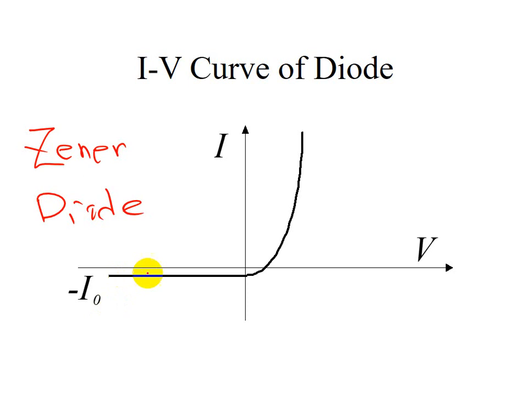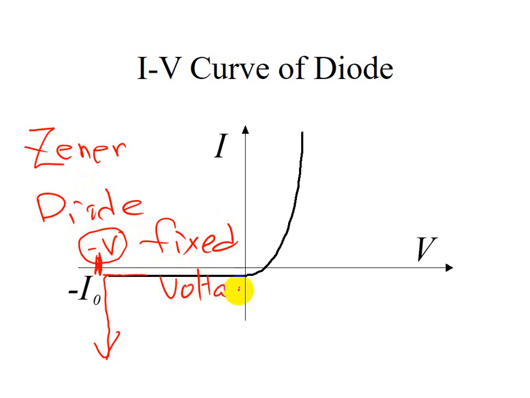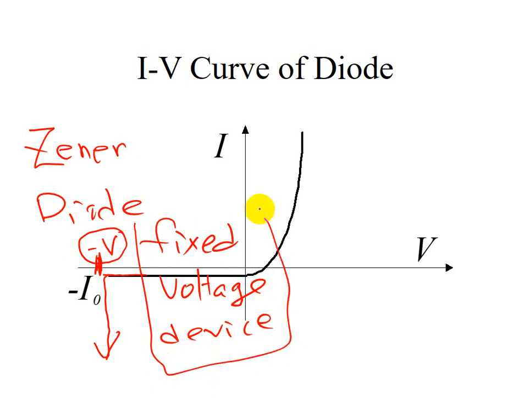It's a diode designed to use this curve, where a large breakdown current comes through at this specific voltage. This is called the Zener diode, a fixed voltage device.